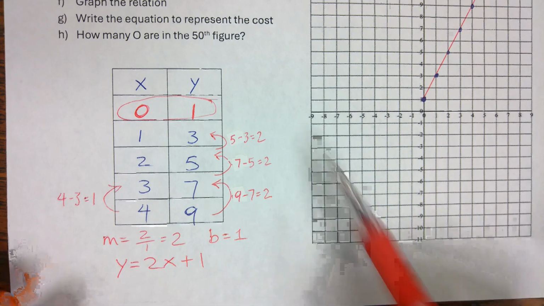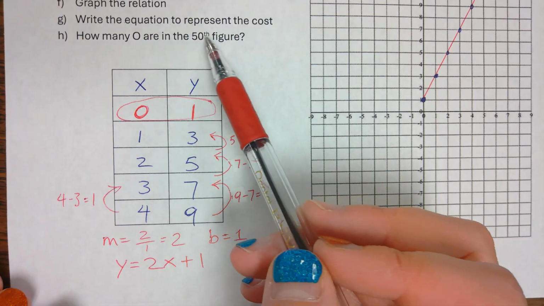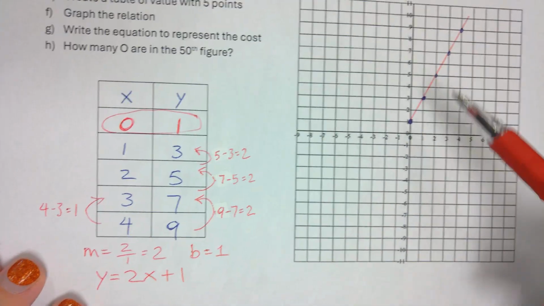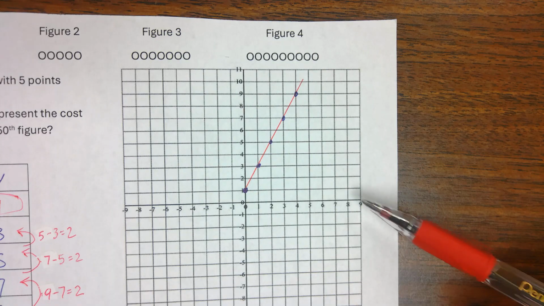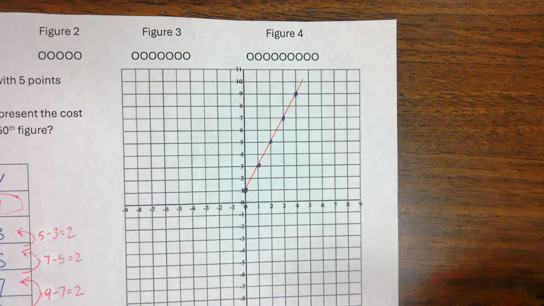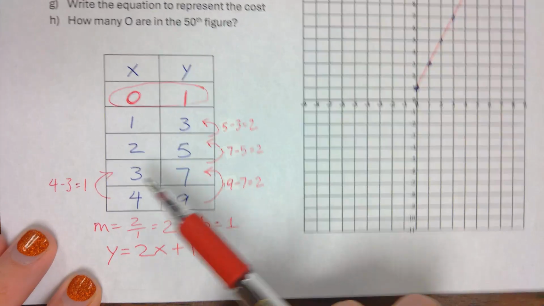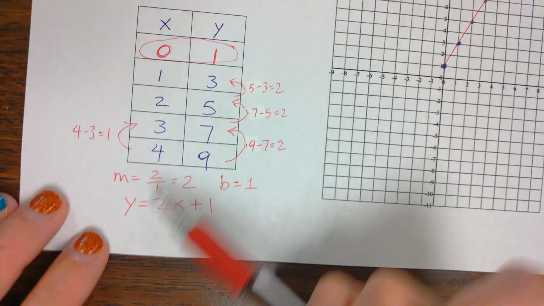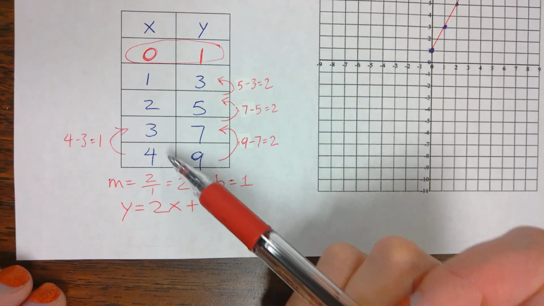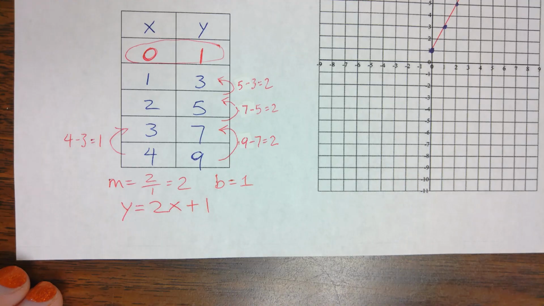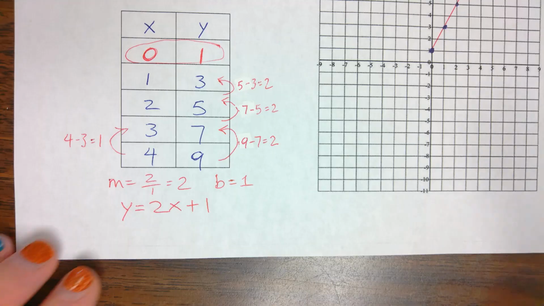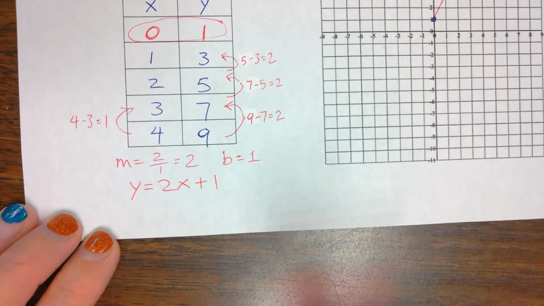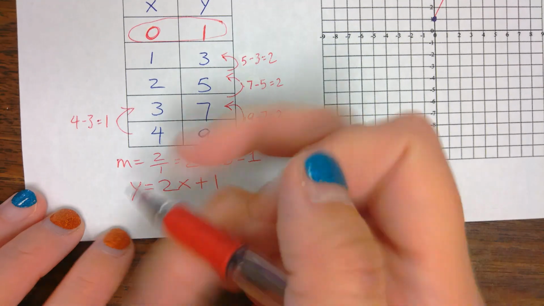Okay, and then how many O's are there in the 50th figure? Can we do that based on the graph? No, because our graph only goes up to 11 and 9. So can't use the graph this time. We can use the table, but it will be really silly to keep going and going. So the best way is to use the equation.